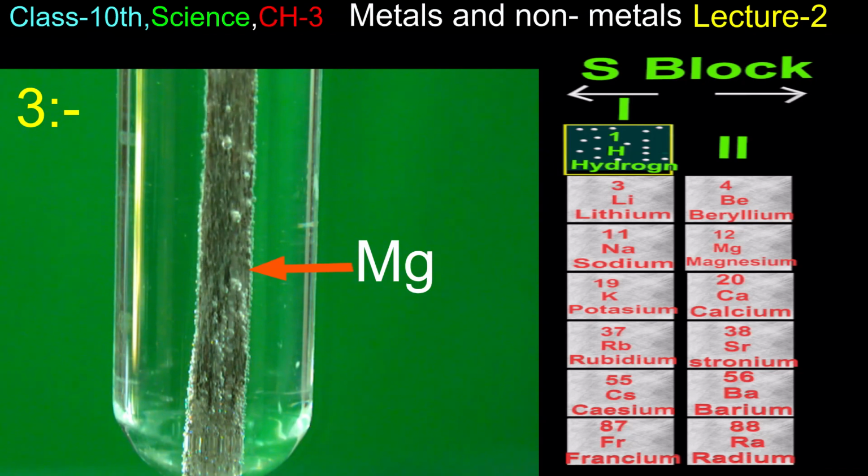Next, at point number 3, we discussed that reactive metals react with cold water or hot water, and less reactive metals react with steam to form oxide and to evolve hydrogen. And the metals that lie below hydrogen in the reactivity series do not react with water.